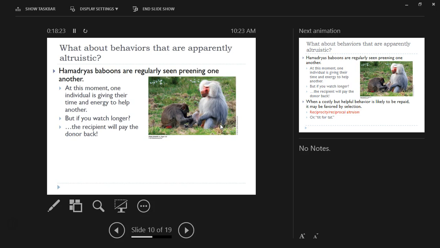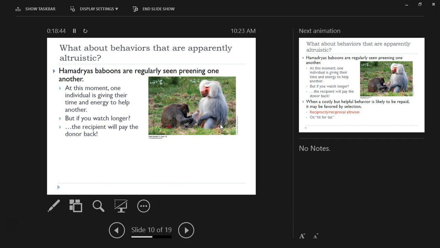The interesting thing about this, though, is that if you keep watching these baboons, and certainly there are researchers that spend tons of time just watching individual troops of baboons and recording all the behaviors, what you'll eventually see is that this individual, the male, will at some point effectively pay back the female. And there's a couple of different ways this will happen.